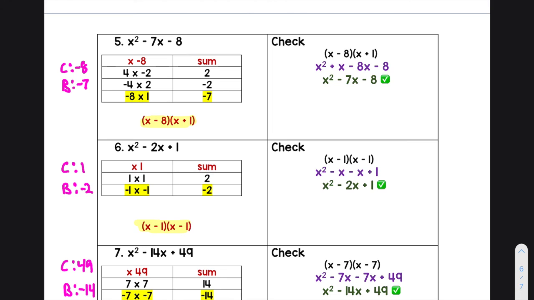Factors are expressions being multiplied together to get a product, in which in this problem we want to be x squared minus 14x plus 49. Over on the right, you'll see the work showing the multiplication of our factors, x minus 7 and x minus 7, resulting in the product, x squared minus 14x plus 49.